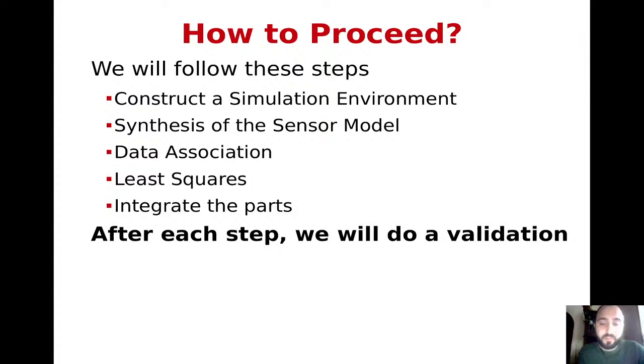For example, we have to test the least squares machinery. In that context, we will assume that the data association is perfect. So we are not going to test together the data association and the optimization. We will focus just on the least squares machinery. At the same time, when we test or validate the data association module, we will assume that the projective model is perfect.